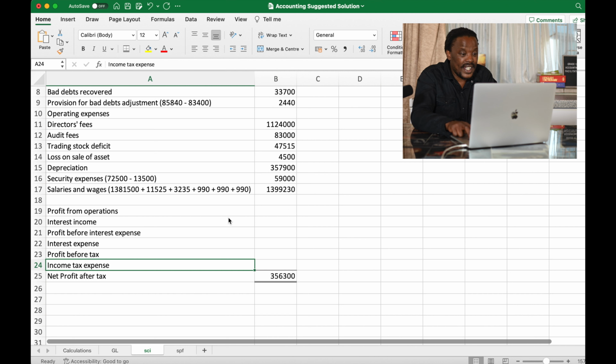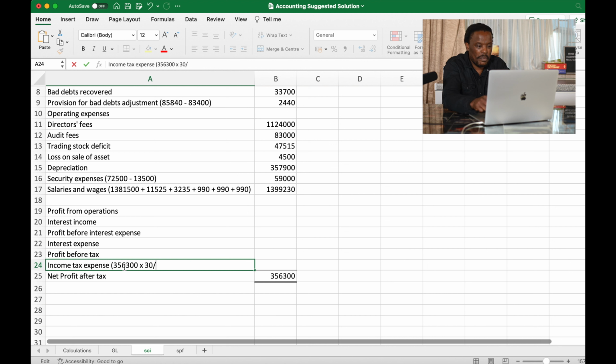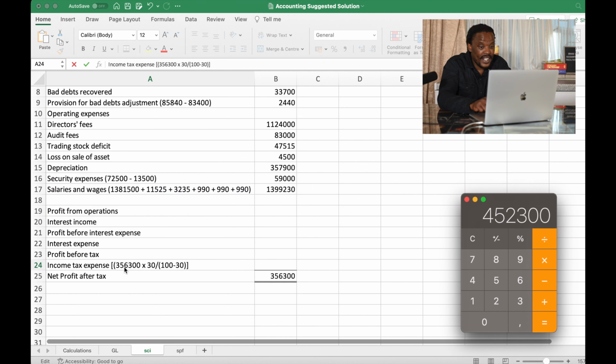Now they told you that income tax expense is at 30%. Now you work it backward. 356,300 multiply 30%, divide by 100%, but that 100% you must minus 30% because you are working it backward. So if you work it backward, this is how you do it. Let's use the calculator together.